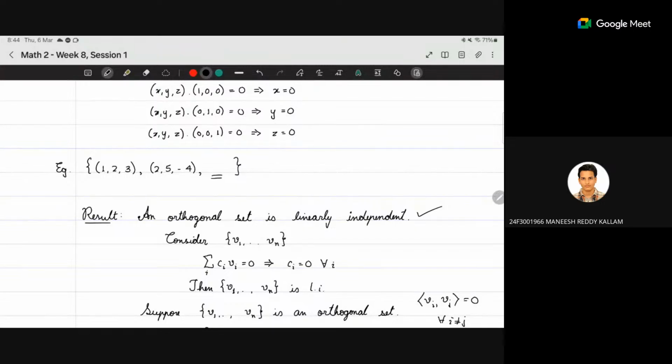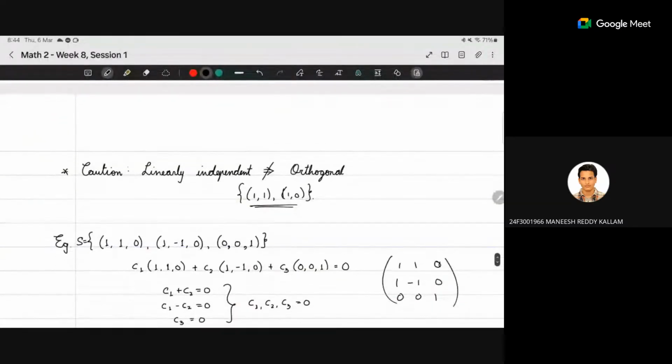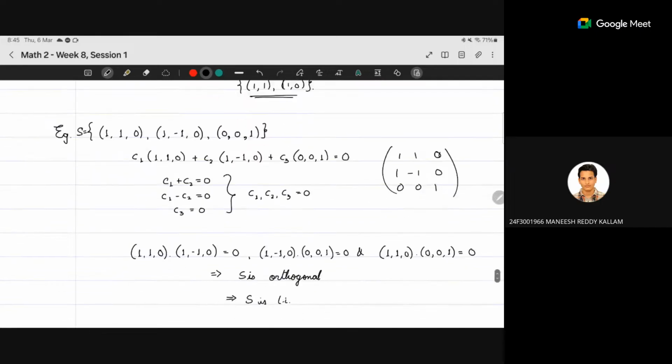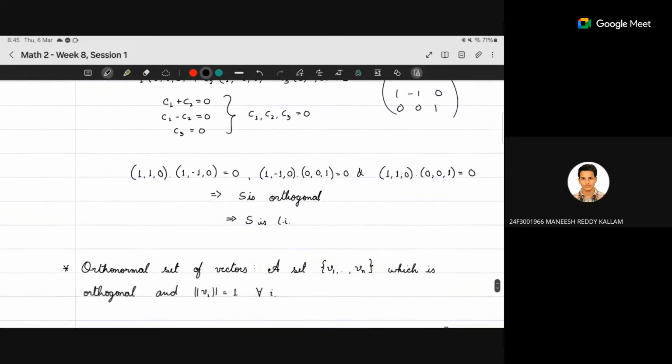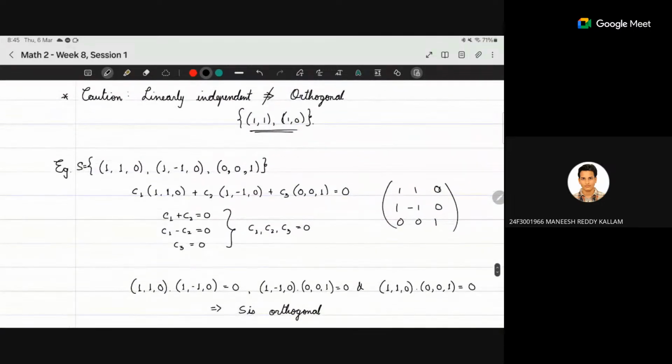Here I've left something empty, so I'll come back to that example later, maybe in the next session. But let's see this other orthogonal set that we wrote down. Is this an orthonormal set? No. One of the elements is orthonormal, sir. Yeah, but I want it for all i. So it's not orthonormal. Let me denote this by dagger.